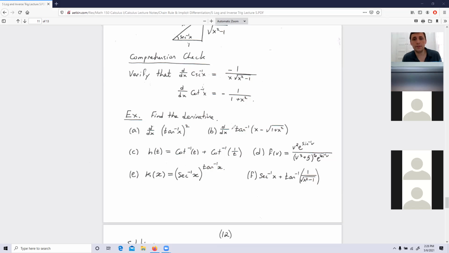Now take the derivative of tangent inverse of x minus root of 1 plus x squared.